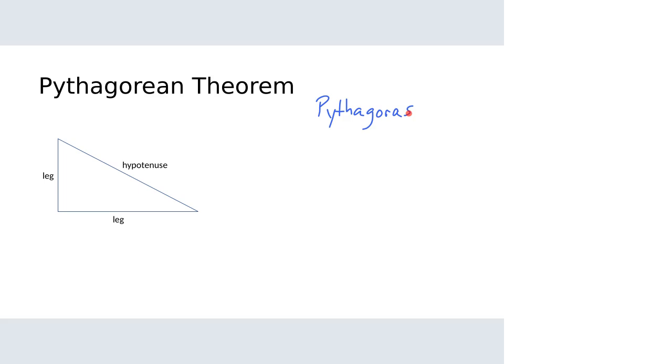It could have been one of his students at his school that came up with this idea. But since they were a part of his school, the Pythagorean school, it got named for that school. The Pythagorean theorem came from the Pythagorean school. We can't be 100% sure that Pythagoras is the first one to discover it, but maybe.